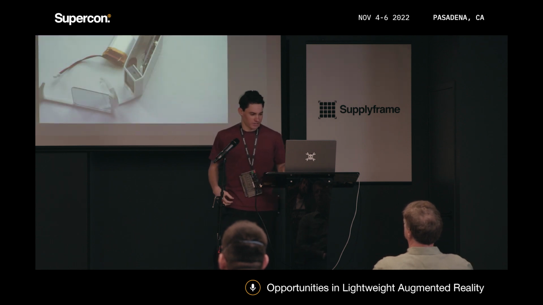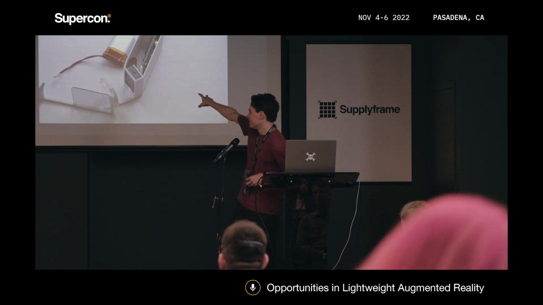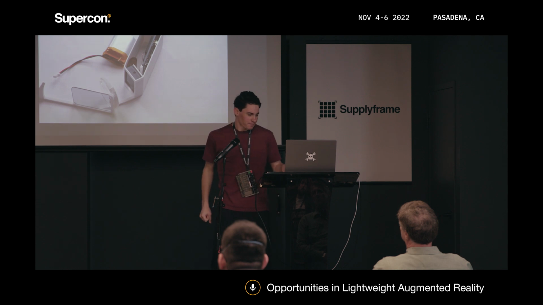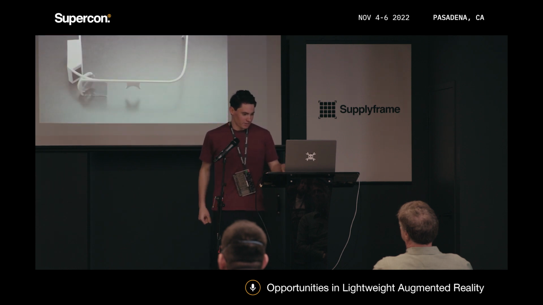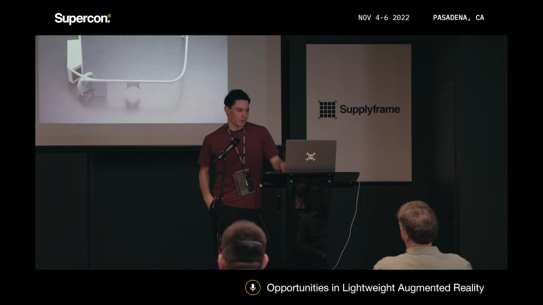Then it's assembled like this with the board vertical in this unfortunately large enclosure at that point, and the battery was placed beside the board like that. This is what it looks like straight up and down. The goal with this is just to see how compact I can make this optical system.